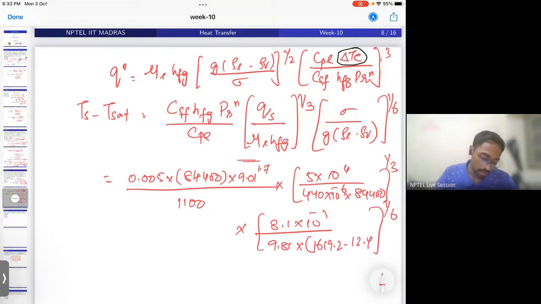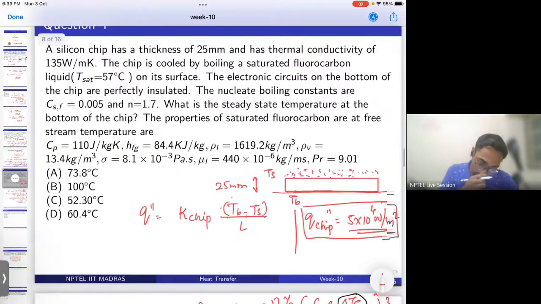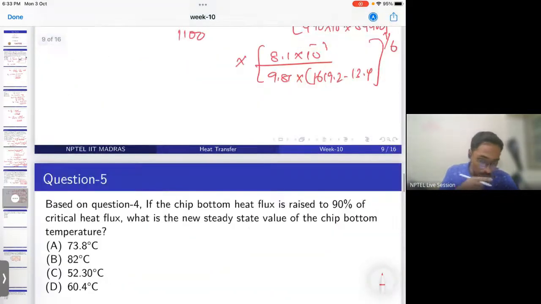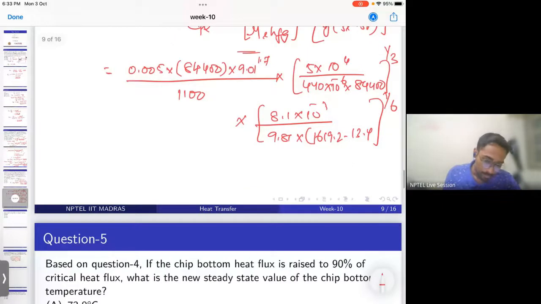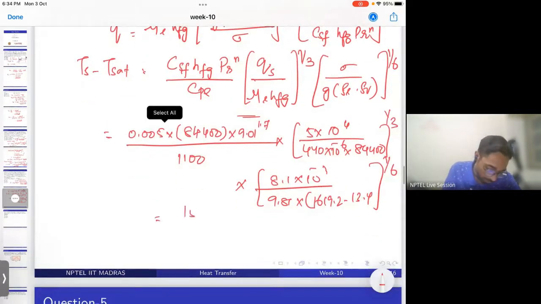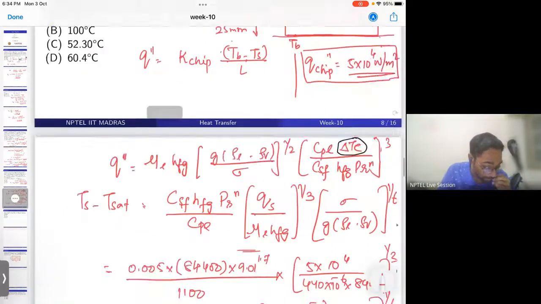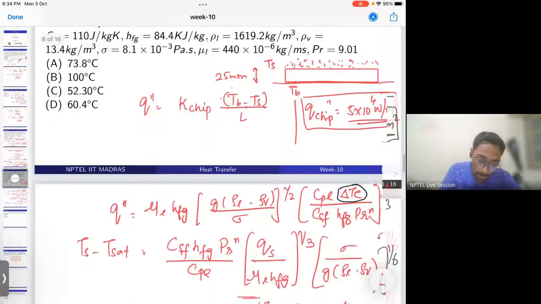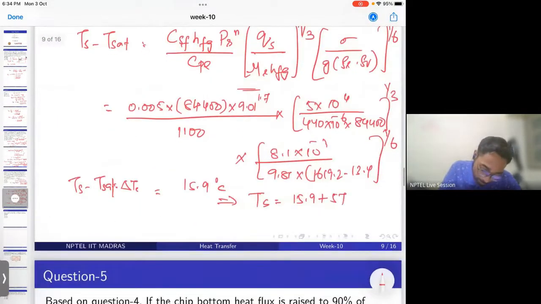So this is our expression. If you calculate this, you will get 15.9 degrees Celsius, that is delta T, that is Ts minus Tsat. So T surface is equal to 15.9 plus the saturation temperature, given as 57, which is 72.9 degrees Celsius.